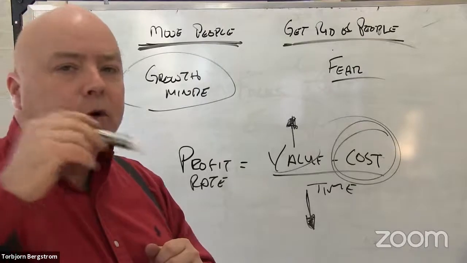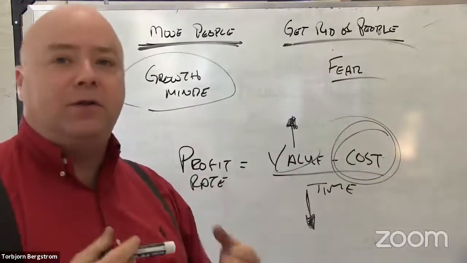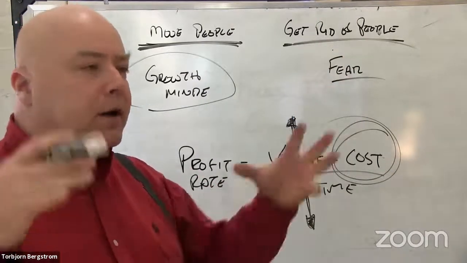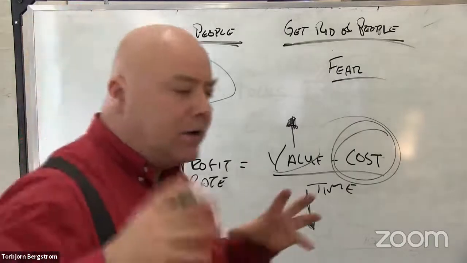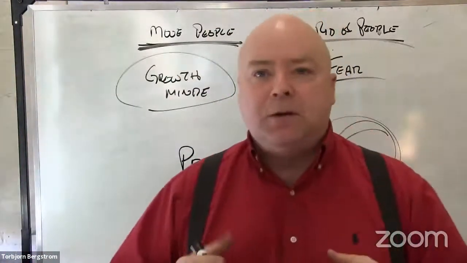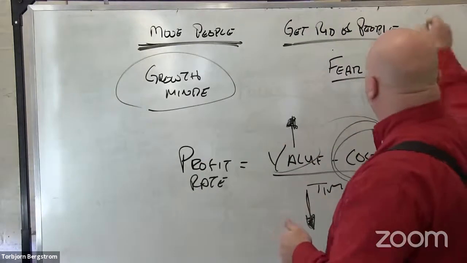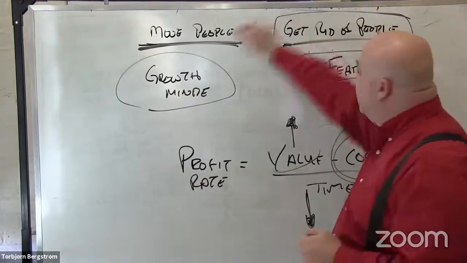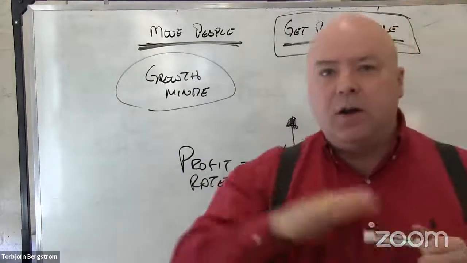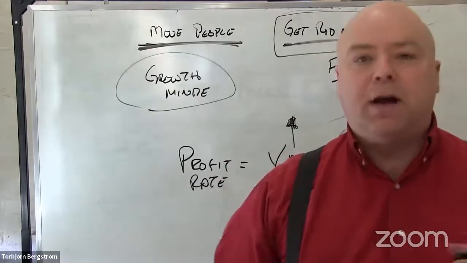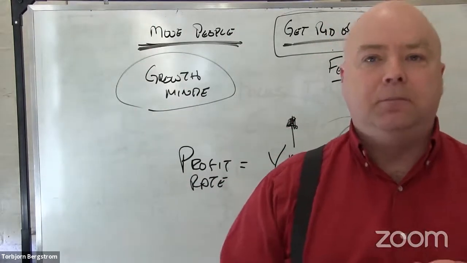We fear running out of money, right? We fear losing the confidence of our investors. I don't know if anybody follows the stock market or not, but when large companies announce big layoffs, they're getting rid of people. Amazingly enough, it almost always is followed by a rise in their stock value.